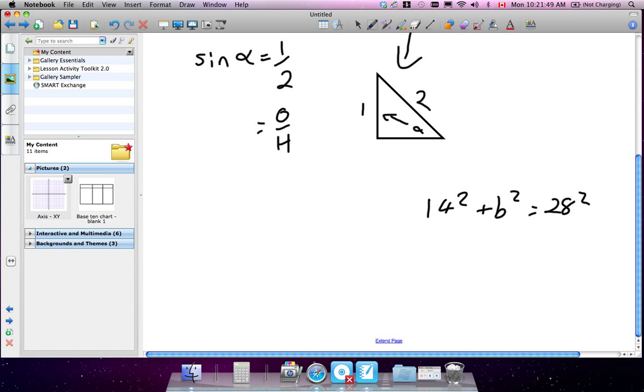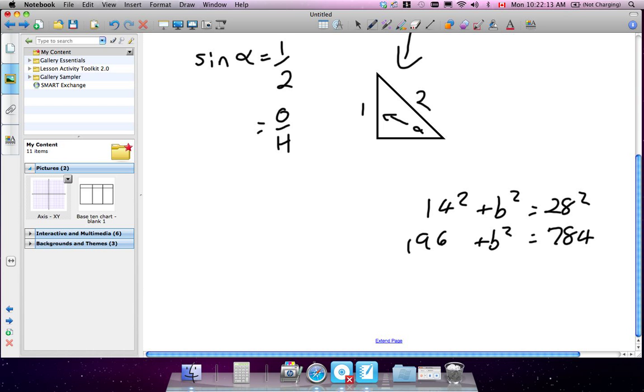Do you have a calculator? It's 28 squared. 28 squared is 784. And what's 14 squared? 196. Okay. So you know how to solve for b here?